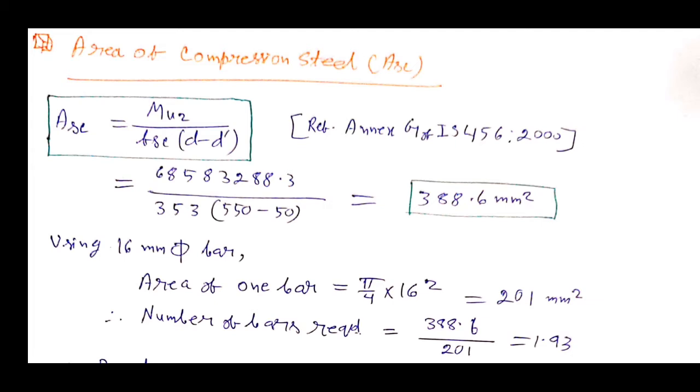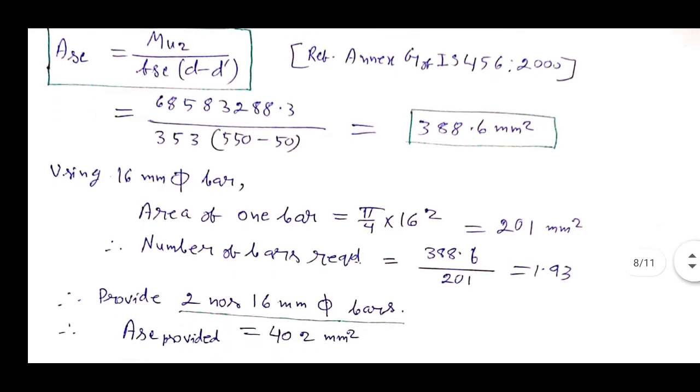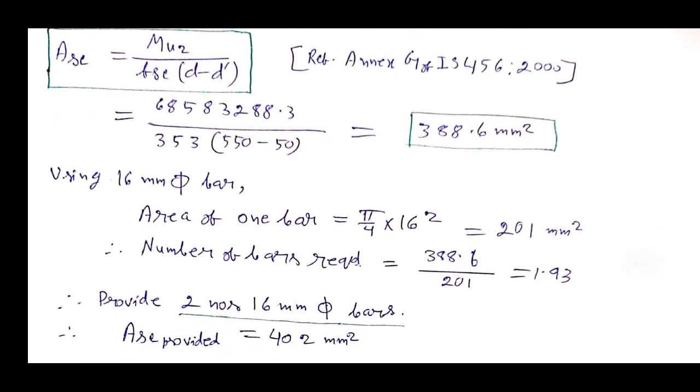We can't provide 1.93 bars, so we have to provide a larger value. We will provide two numbers of 16 mm diameter bars as compression steel. So ASC provided will be increased to 402 mm square.